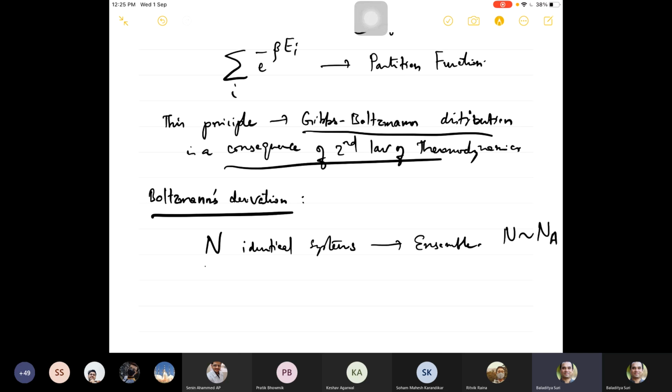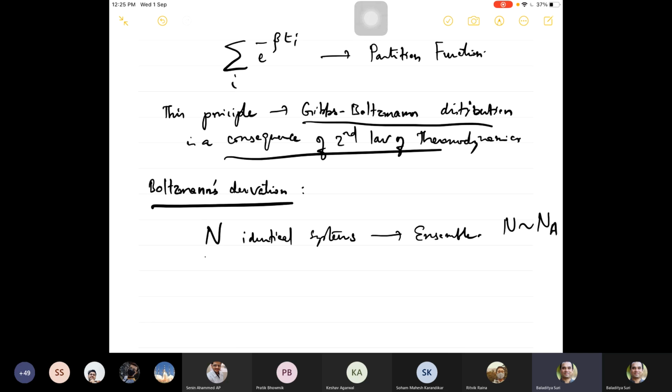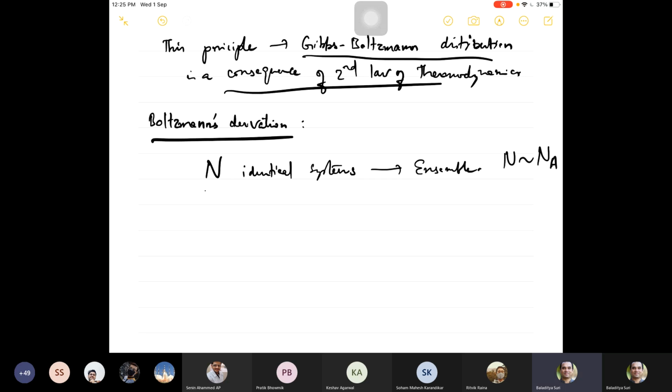N is of the order of, let us say, Avogadro's number, which is a metric for any large number in this universe. And it is isolated with a constant energy. The entire ensemble is basically a closed system.